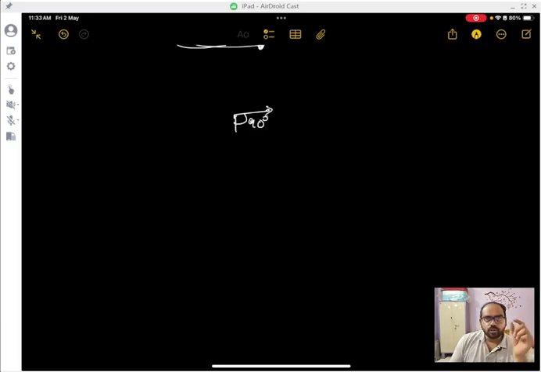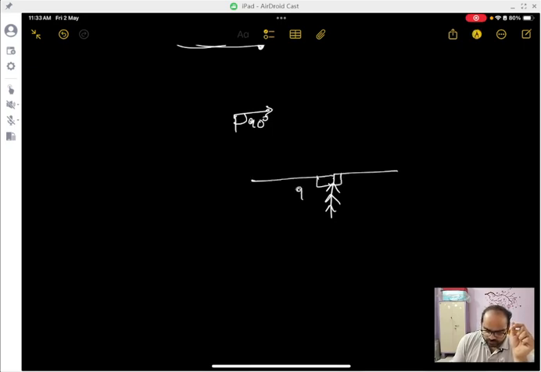Okay, Coriolis effect acts perpendicular to the direction of the wind. So wind is traveling in this direction. So due to Coriolis effect, the wind deflects either here or like this, and with this direction it makes 90 degrees. So we can say that Coriolis effect acts perpendicular to the direction of the wind.